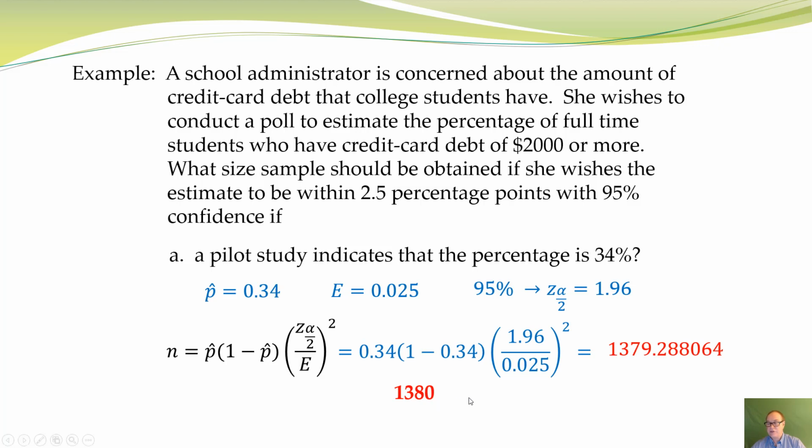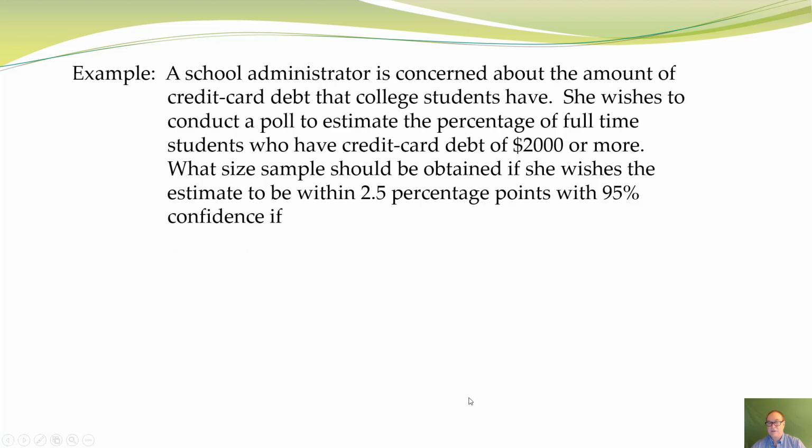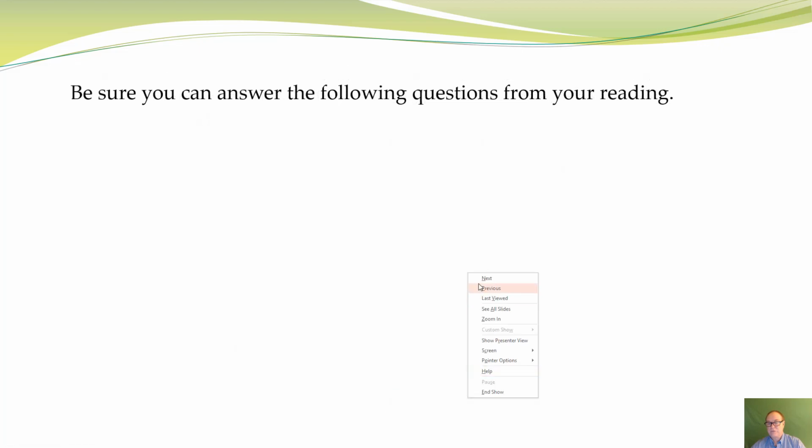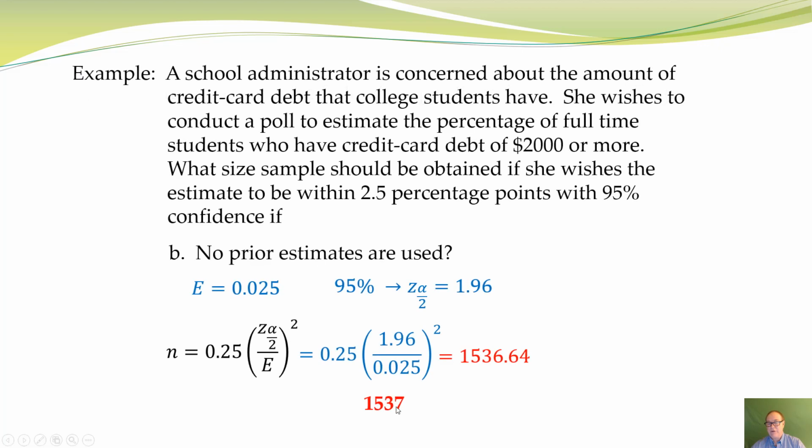That's less than what we just found, 1,537. It didn't cut it down drastically, but it did cut it down some, especially if you had a long survey for these people to fill out. You're talking quite a few people between 1,380 and 1,537.